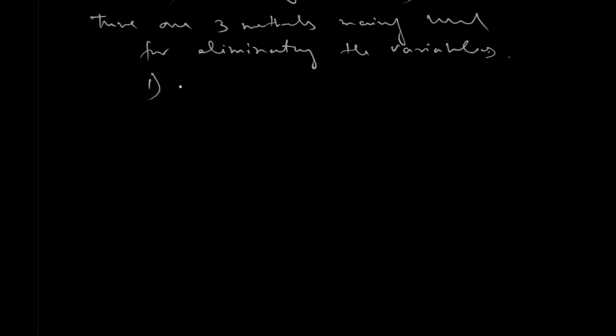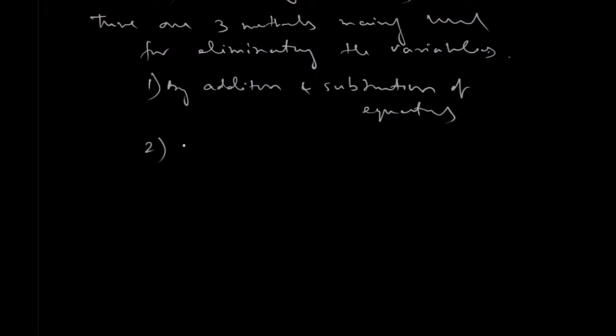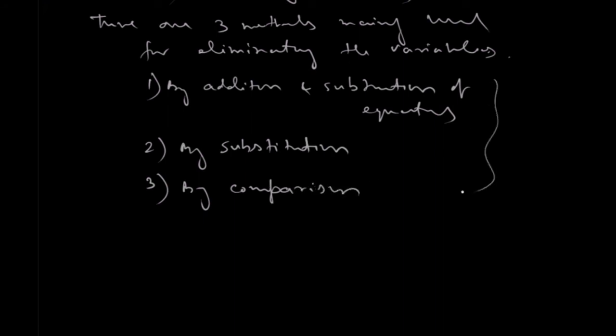One is by addition and subtraction of equations. Two is by substitution, and three is by comparison. These are mainly used to eliminate the variable.